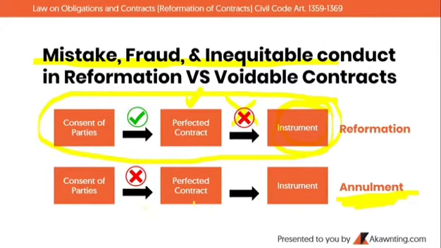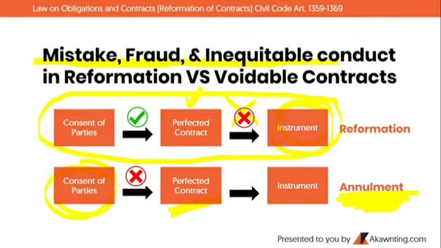Okay? So, although magkakaroon tayo ng perfected contract, yun nga lang, merong defect yung consent natin. Kasi dito yung timing ng fraud, mistake, and inequitable conduct. Ang tinitignan natin is yung timing, yung sa pag-a-acquire pa lang ng consent, or yung pag-meet pa lang ng minds.